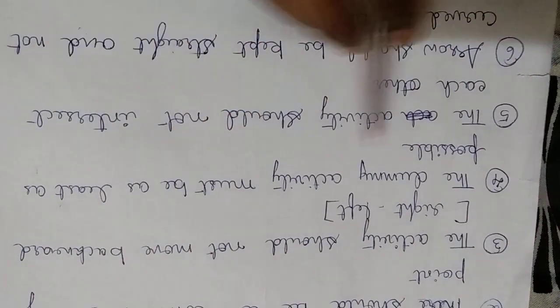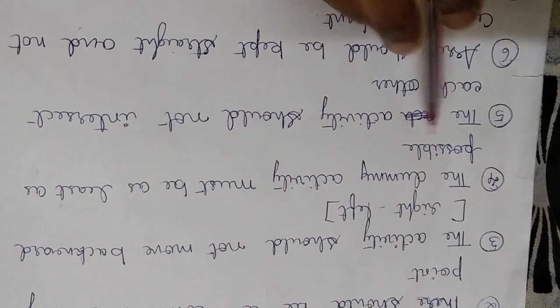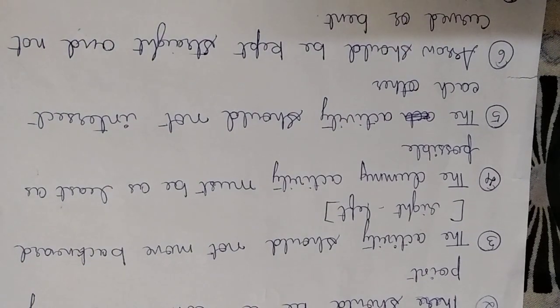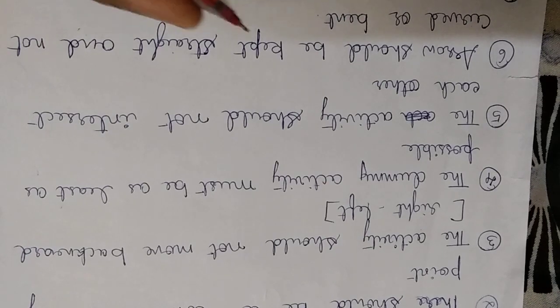Dummy activities must be as few as possible. As we know, dummy activities are those which do not involve any time, cost or resources. Such activities should be kept to a minimum. Activities should not intersect each other. There cannot be an intersection.